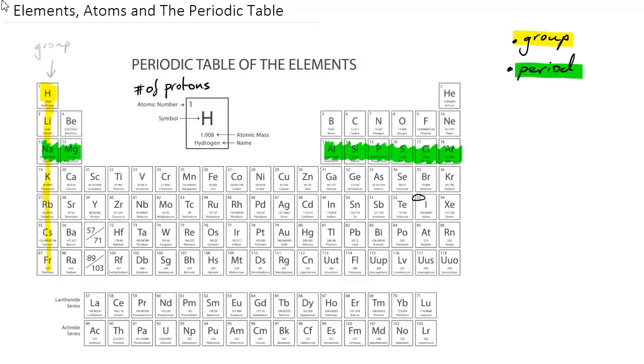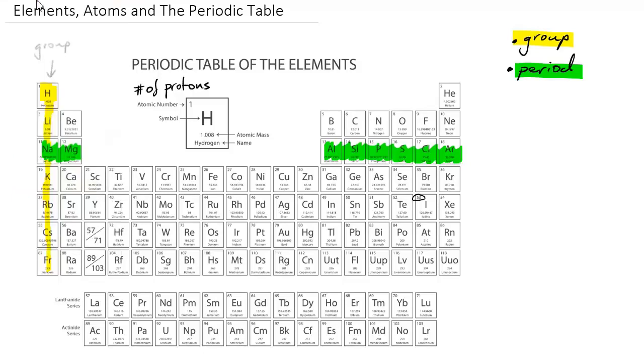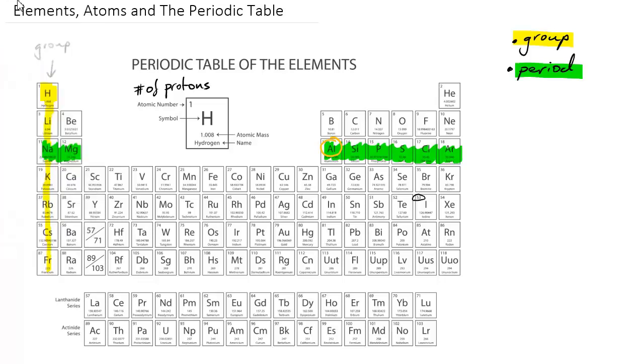Now, let's pick a particular element from this periodic table. Let's say I'll choose aluminium. Now, I've just ruined it because you can't actually see the number at the top, but it is 13. Okay, so let's see what we know about aluminium.